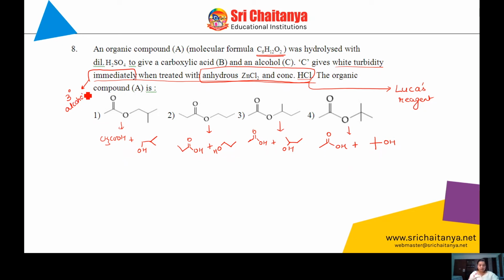Now, as I have drawn all the alcohols, you can directly conclude that option number 4 is our answer because it is giving us a 3-degree alcohol, which is indicated in the question. Is that okay? So our answer is option number 4.